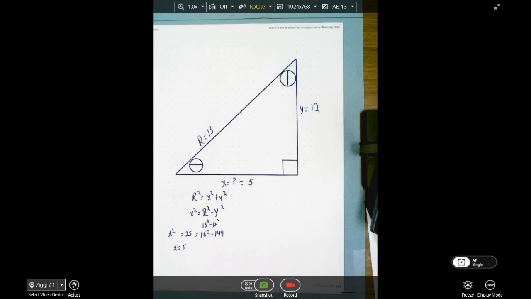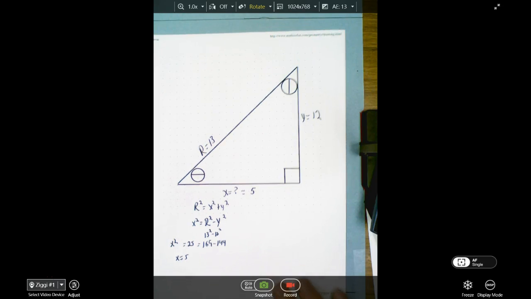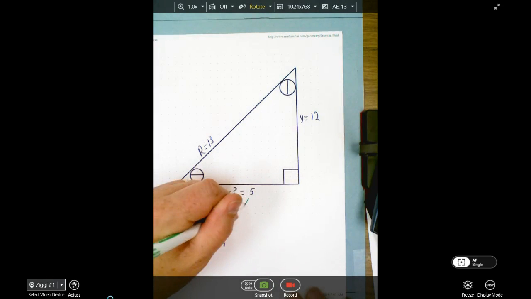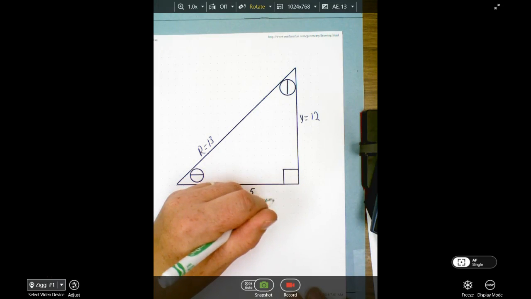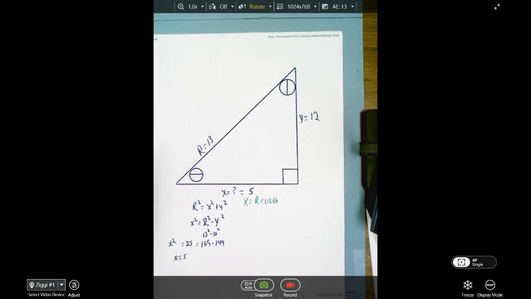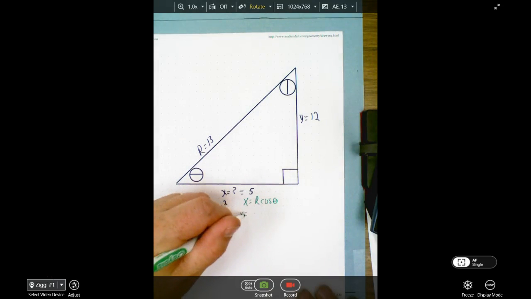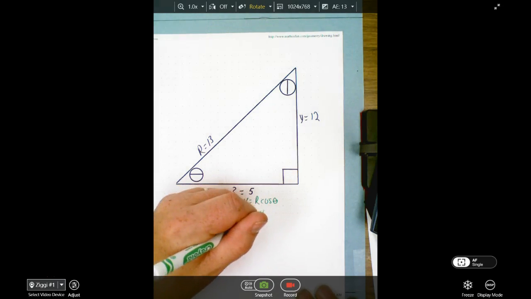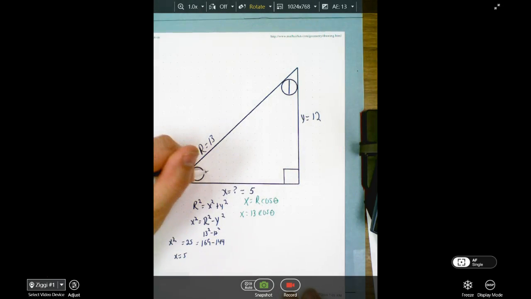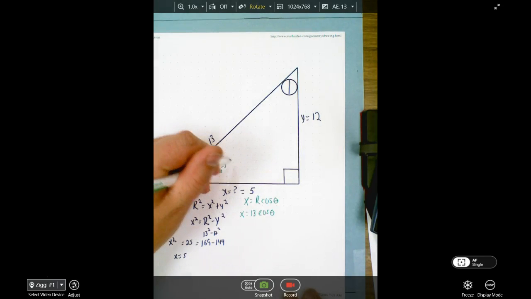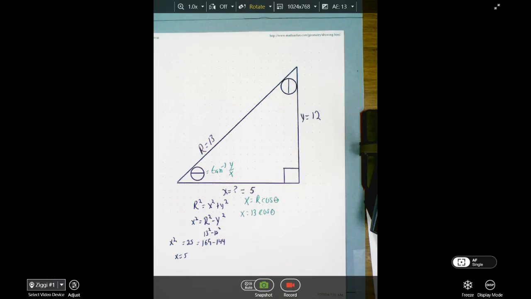Let's verify it. Because the nice thing about the component system is, so we said earlier that x is equal to r cosine theta. Well, x is then equal to 13 times the cosine of some angle. We said the angle is equal to the arctangent of y over x.